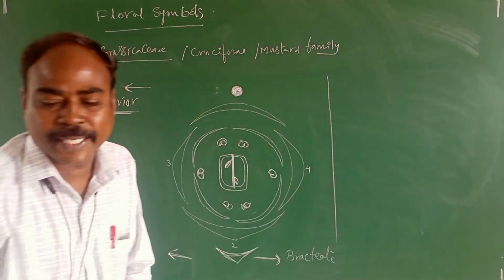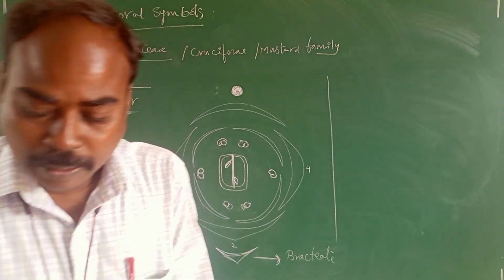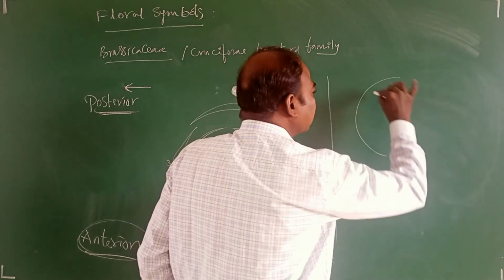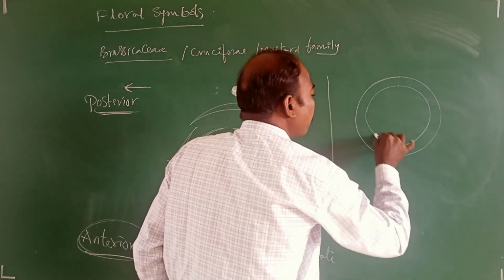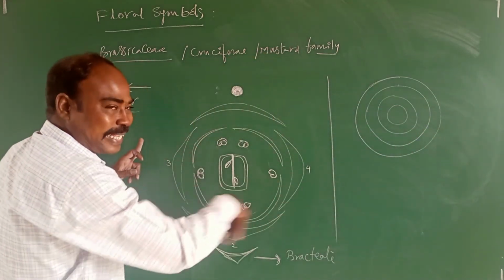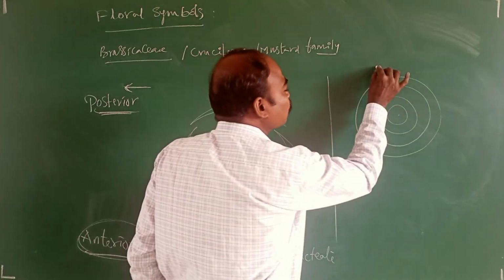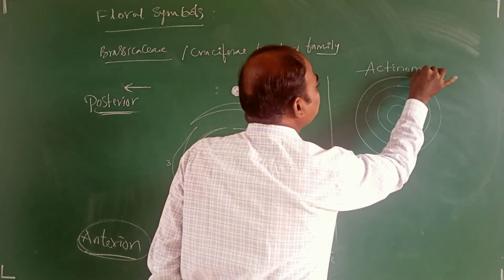And one more important point about the diagram. If the diagram is drawn in exact circles, such a floral diagram explains the actinomorphic condition.